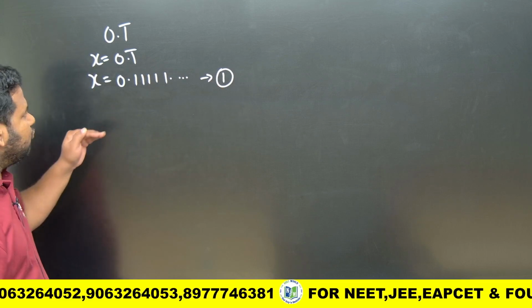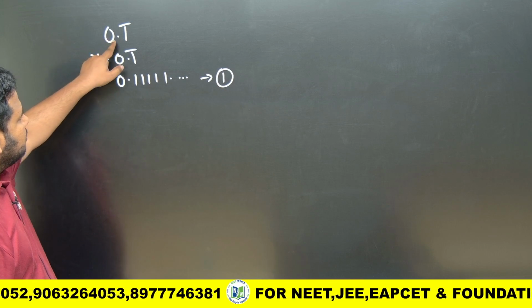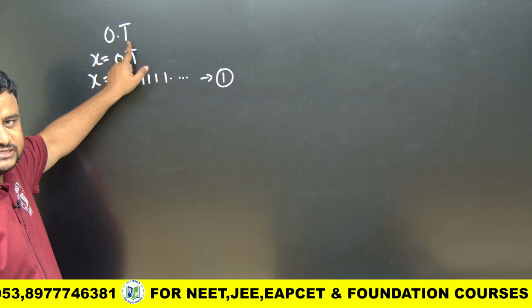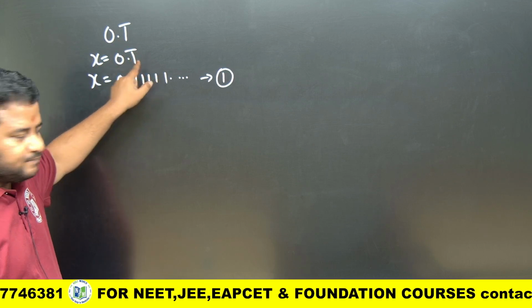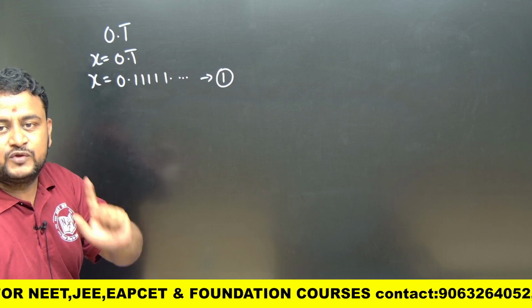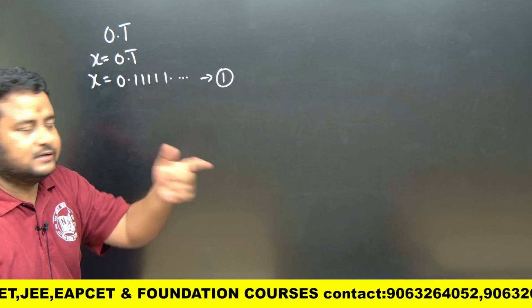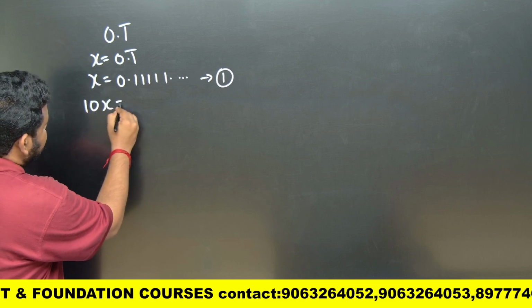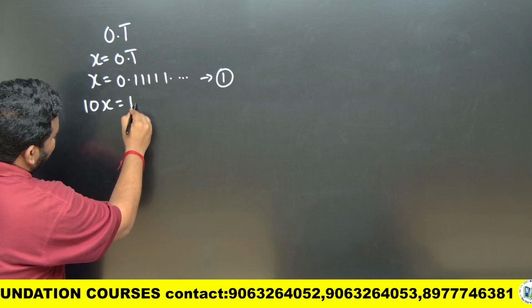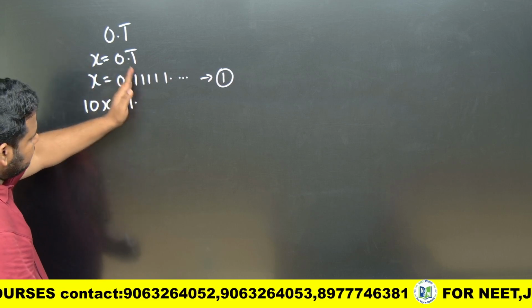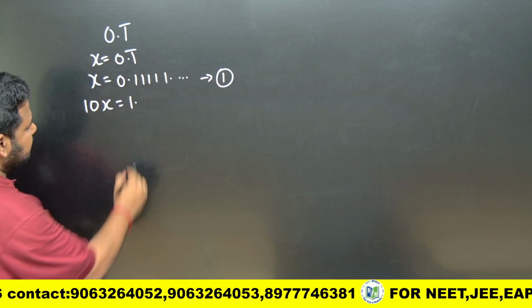In the next step, after the decimal point, how many digits are there? 1 digit. If there is only 1 digit after the decimal point, you have to multiply that equation by 10. So if I multiply the first equation by 10, I get 10x is equal to 1.1111. The 1 will shift here, the remaining will remain as it is.